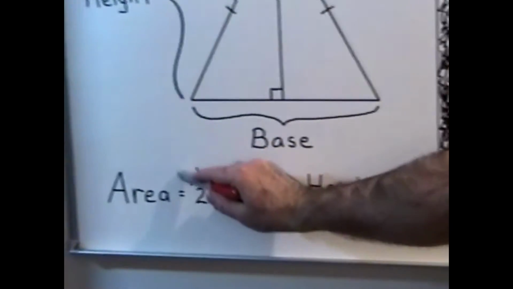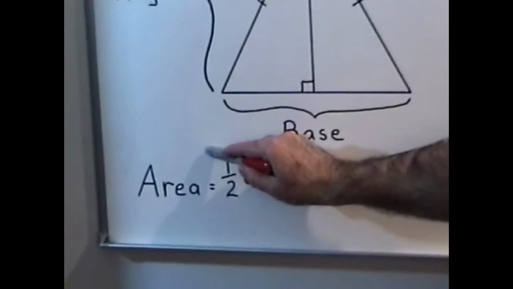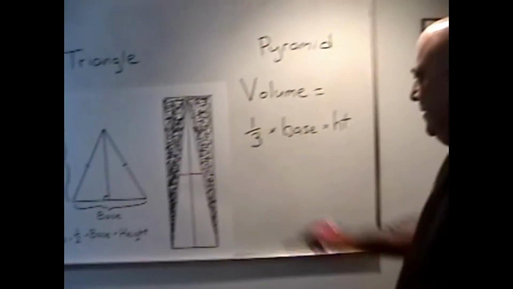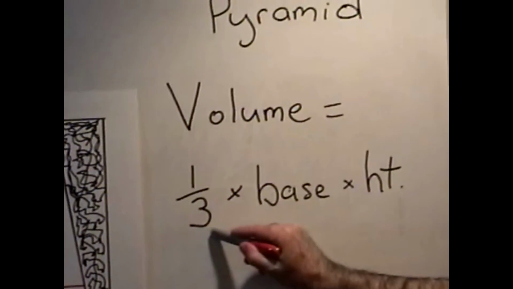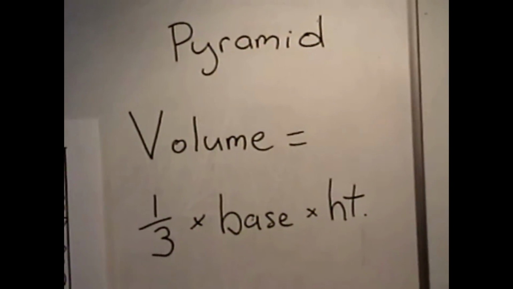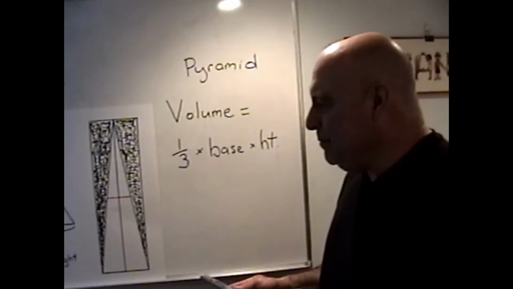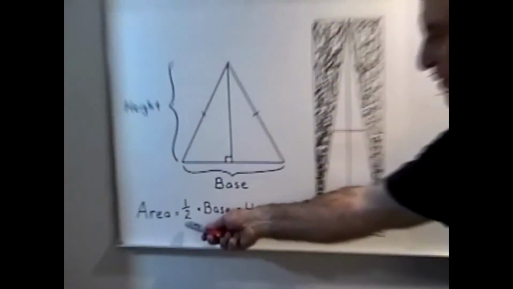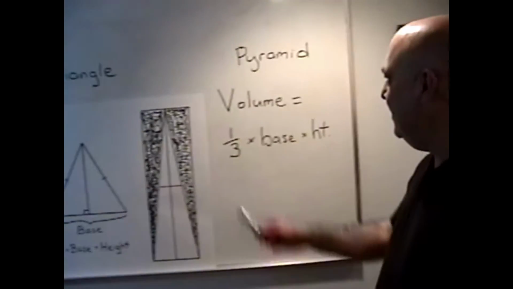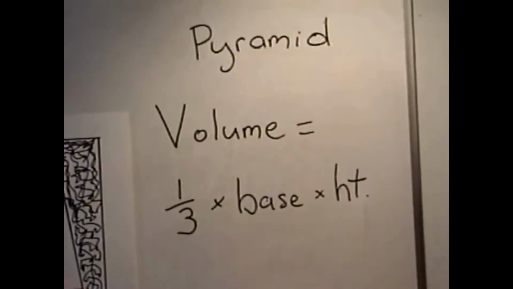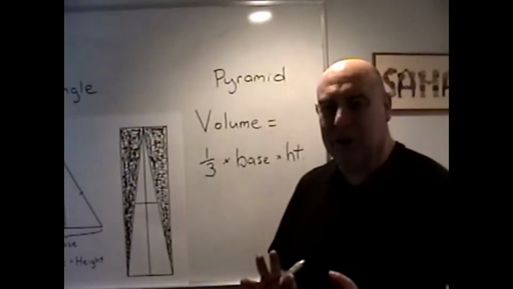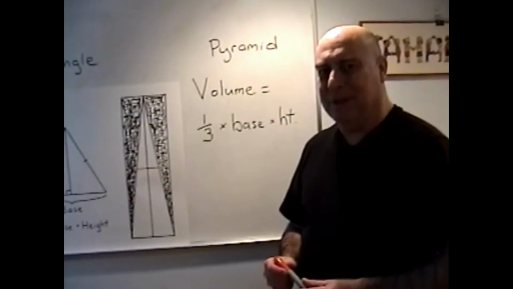The multiplier for the area of a triangle is 1/2. And the multiplier for the volume of a pyramid is 1/3. Now maybe that's simply because a triangle has 2 dimensions and a pyramid has 3 dimensions. But we're going to look into it a little bit more deeply than that.